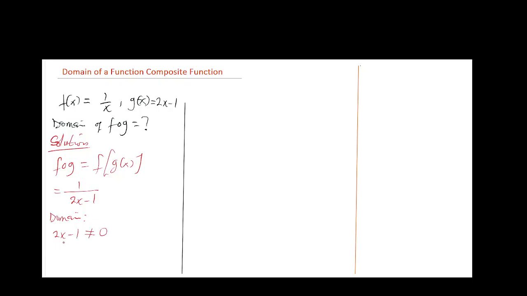Now, how do we get the value of x? If we solve for x, 2x minus 1 cannot equal 0. Now, we solve for x: 2x cannot equal minus 1. Minus 1 crosses over to this side. It becomes plus 1.